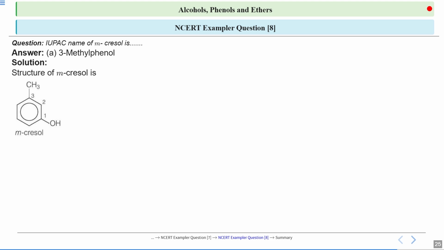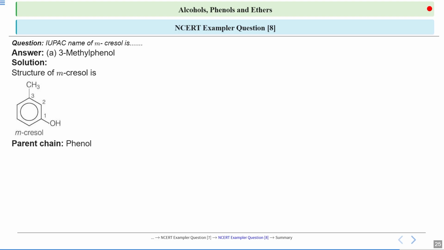If you talk about the structure of metacresol, this is the given structure. We have phenol, and at the third position, or the meta position of the benzene with respect to the OH group, we have a methyl attached. That's why the name is metacresol. Now this is the common name of this molecule.